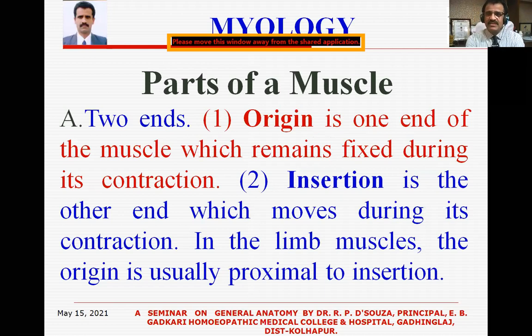So you take any muscle into consideration from your body, be it biceps brachii or quadriceps femoris or sartorius or pectoralis major, whatsoever muscle you want. And this muscle will have all these parts in it. So this is a general myology which can be applied to any single muscle in the body.